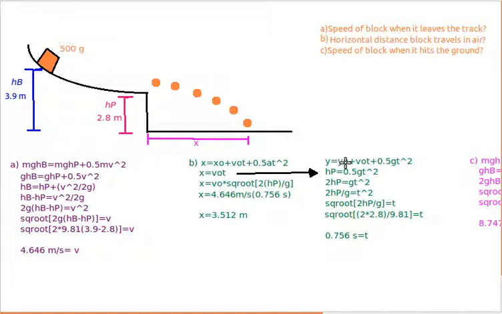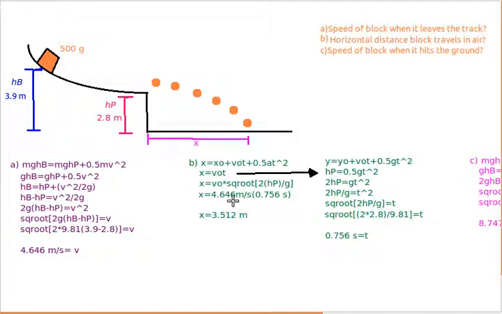And then we'll solve it to find our working equation down here, which gives us the square root of 2 times HP divided by g equaling t. So we plug in our numbers, and we find that our time for the block to reach the ground is 0.756 seconds.